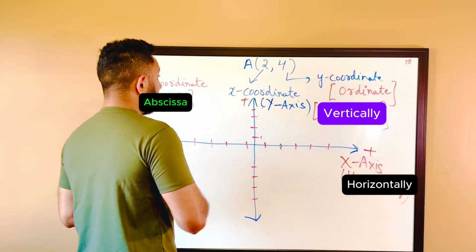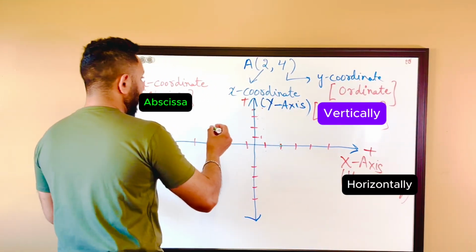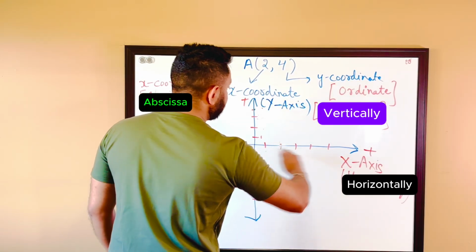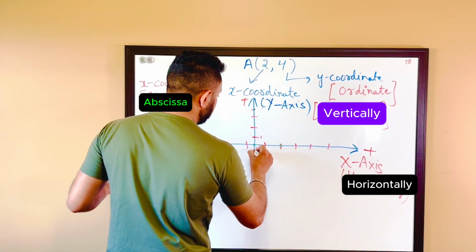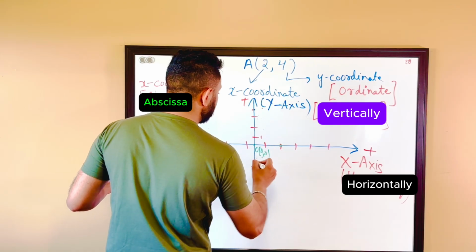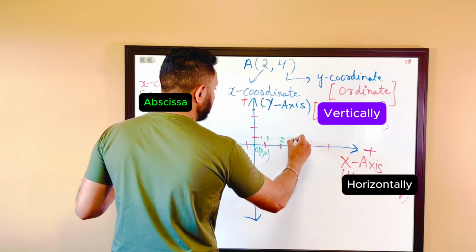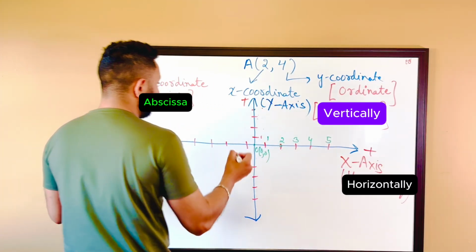So now we're gonna locate this point A on this graph as these two intersecting lines, like the x-axis and the y-axis, they meet at origin, and the coordinates for origin are 0, 0, and this is 1, this is 2, 3, 4, 5, and so on, positive.